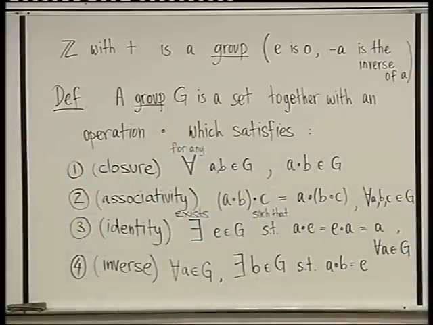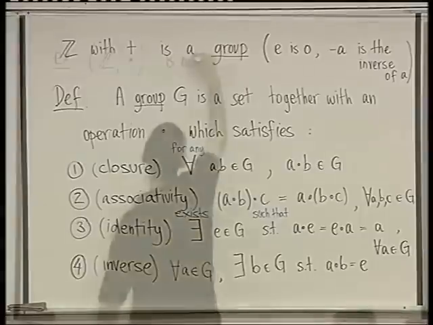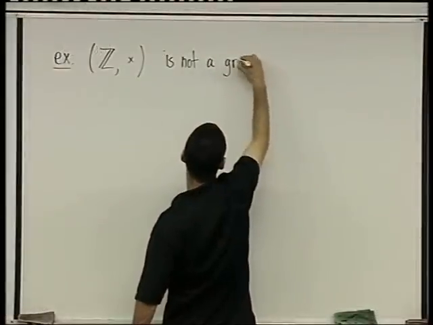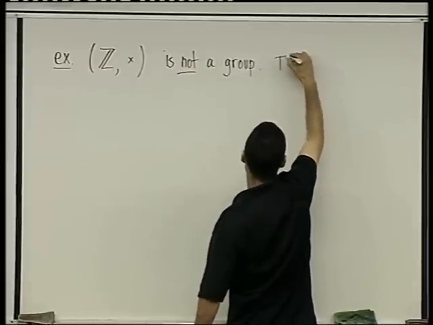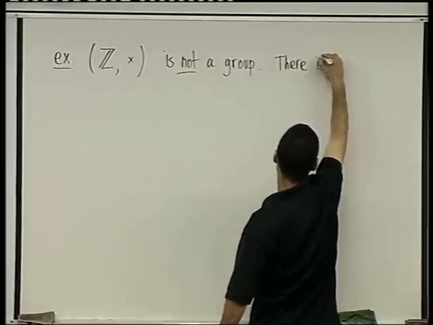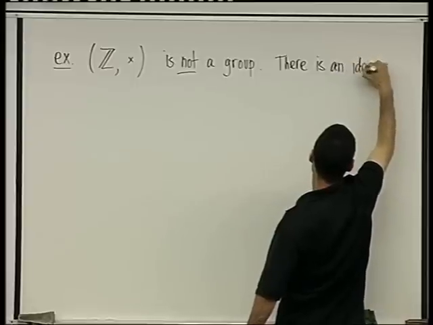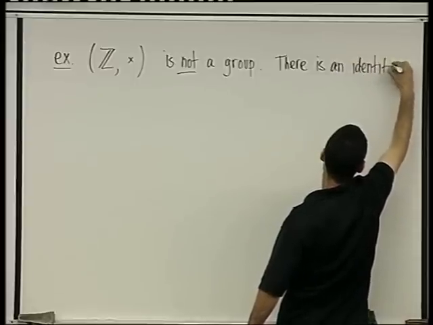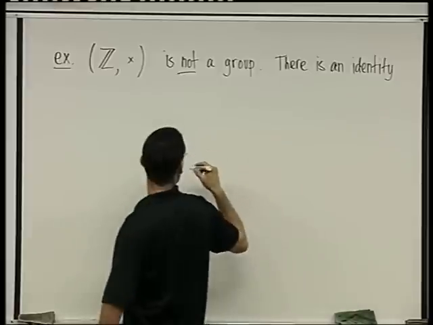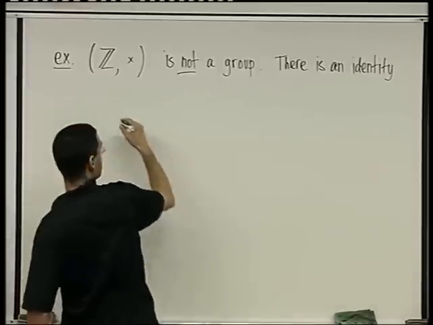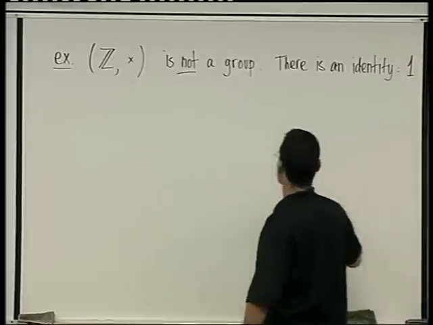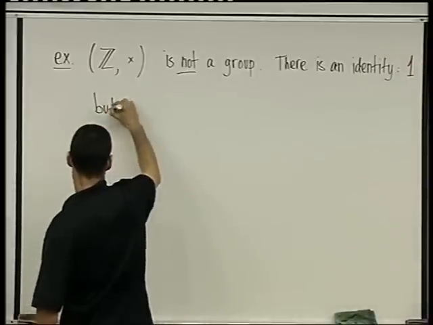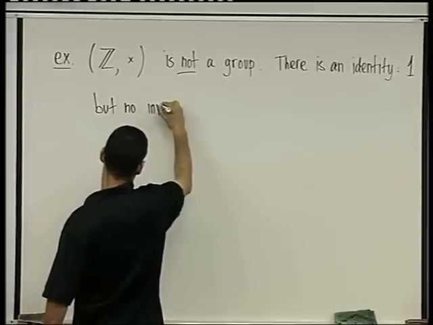So, example, Z with multiplication is not a group. There is an identity, 1, but no inverses.